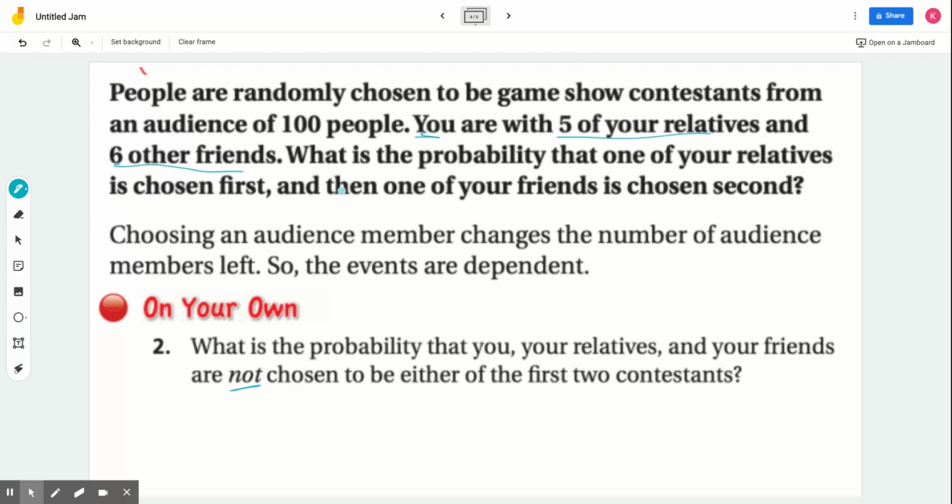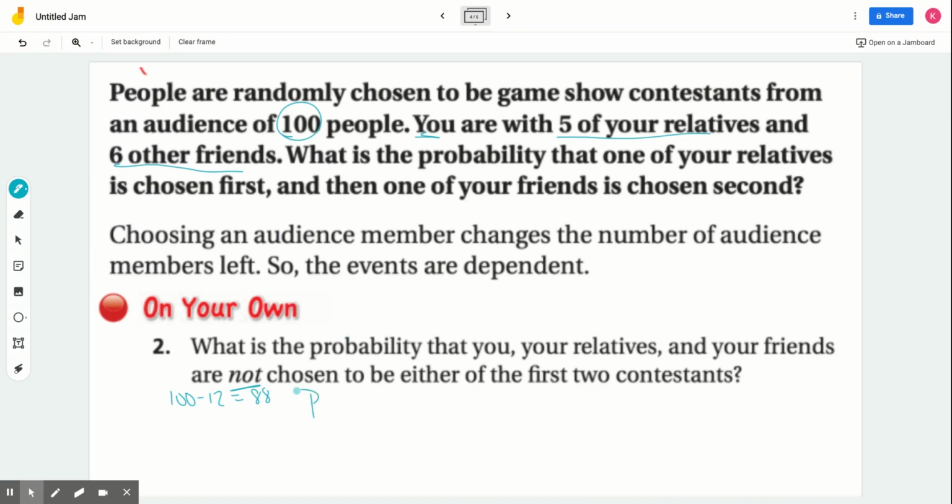So 1, 5, and 6 makes 12. But we need are not chosen out of 100 people. So how many are left? Well, we know that 100 take away 12 is 88. So there are 88 people that are not one of those people. So this is 88 of 100.